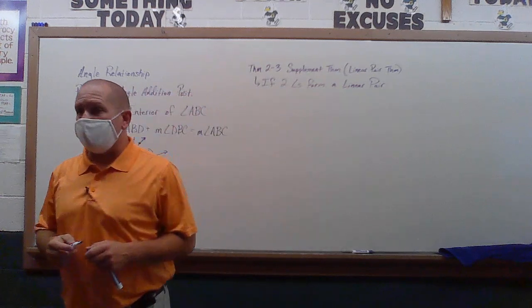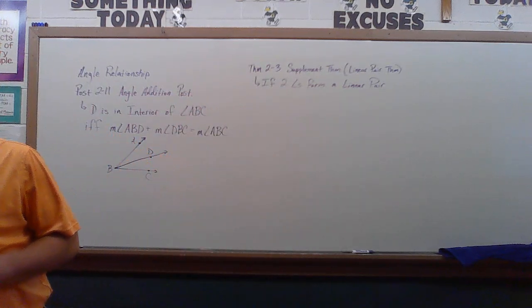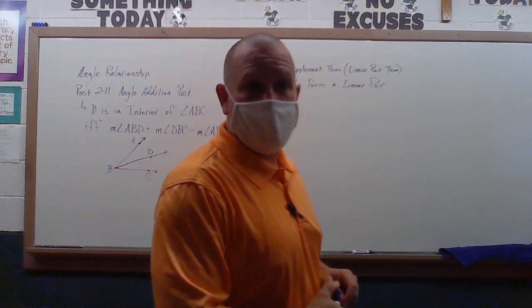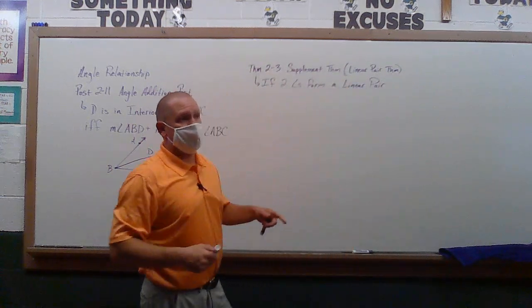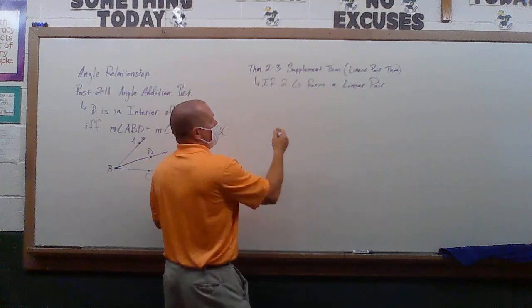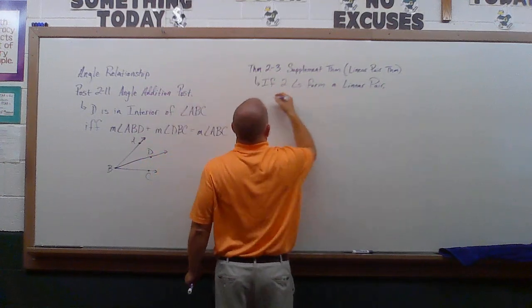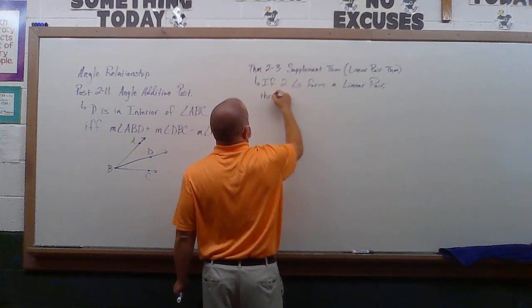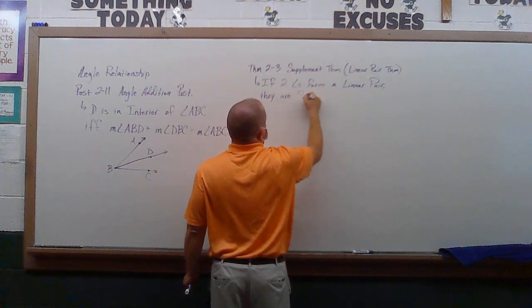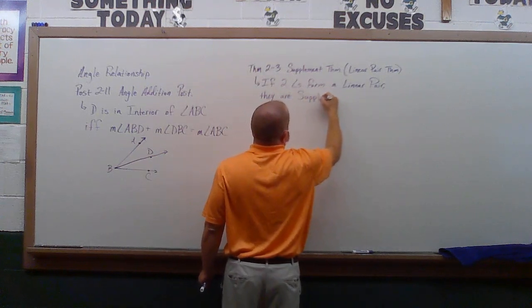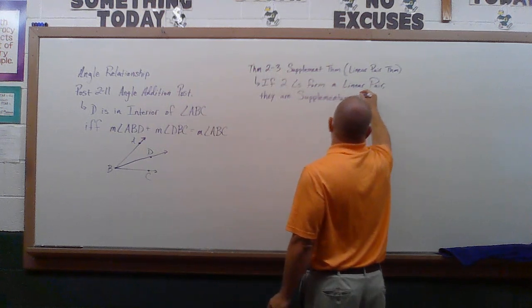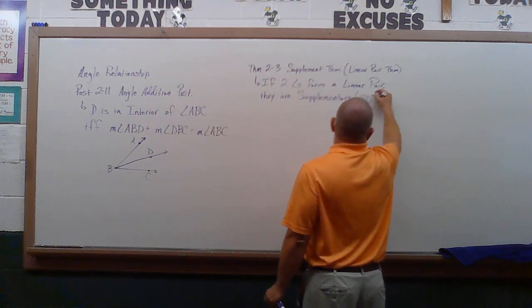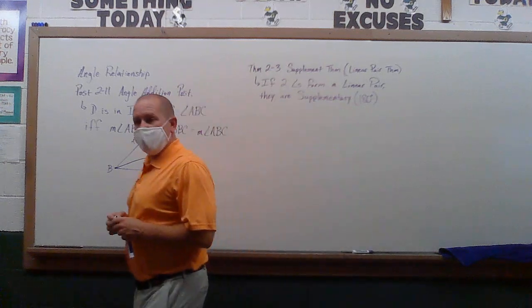How do I know that they form a linear pair? What do they form if they form a linear pair? A line. Okay? If two angles form a linear pair, I automatically know what? They equal 180 or they are supplementary, which means they make up 180 degrees.